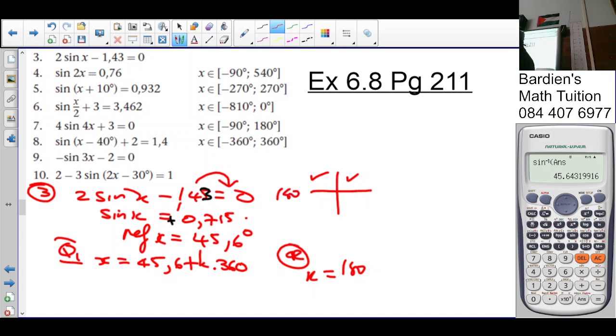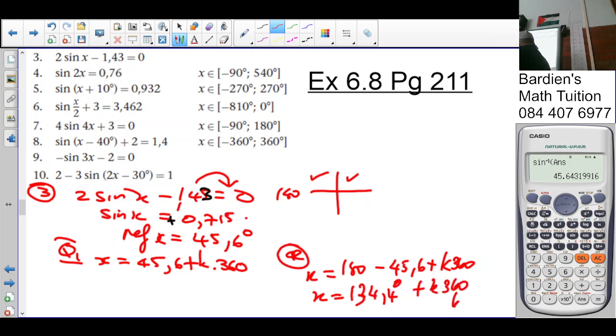Remember, we only work with 180 plus, 180 minus, or 360 minus. There's 180 minus 45.6 plus k times 360. So x is equal to, what's 180 minus 45.6? 134.4 plus k times 360, where k is an element of integers. And that's where we stop. That's the general solution you asked for.